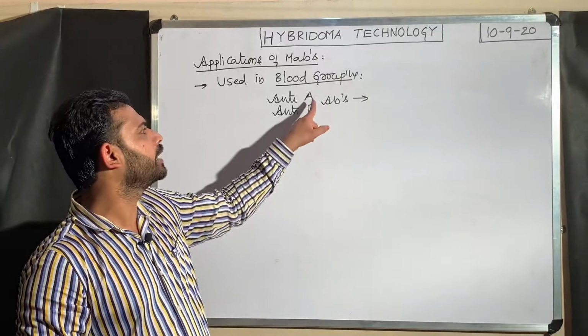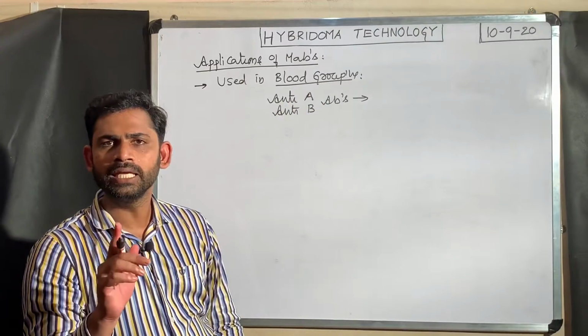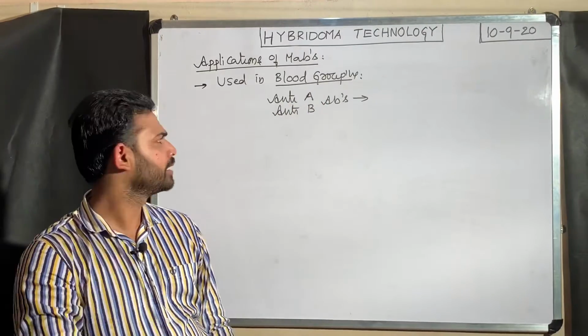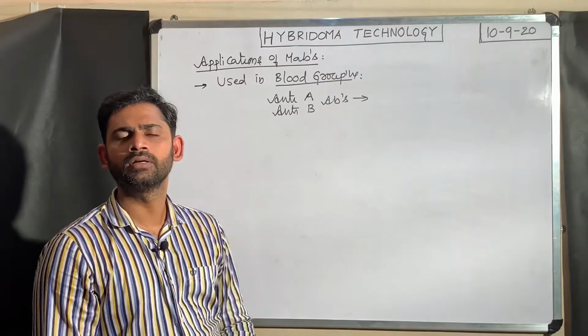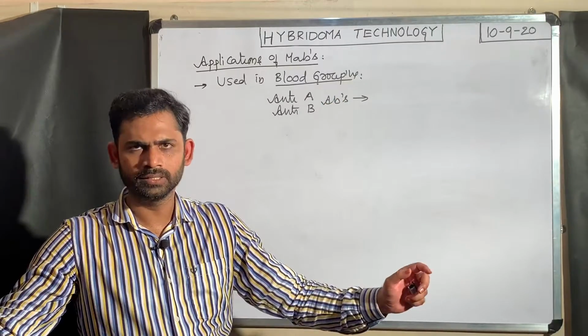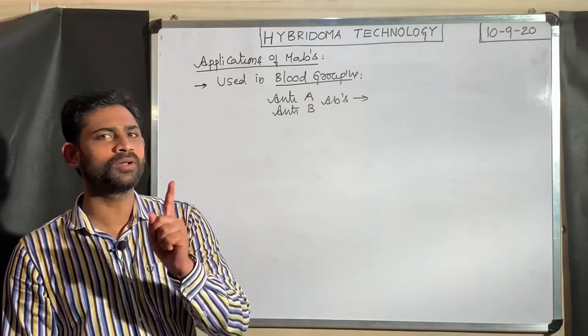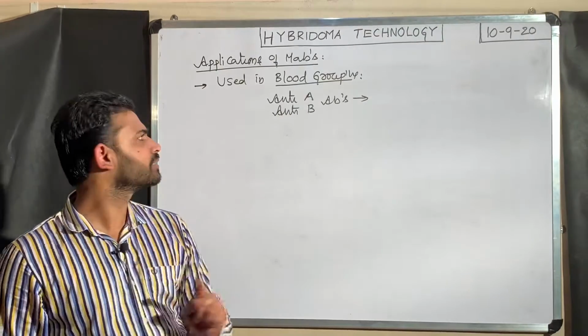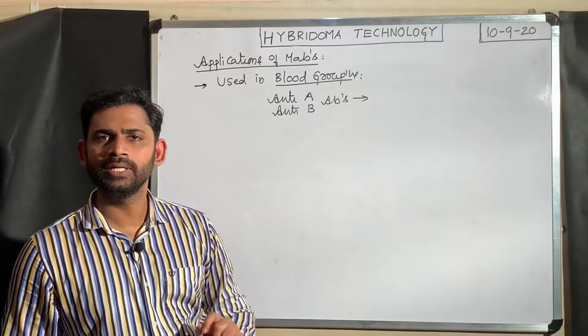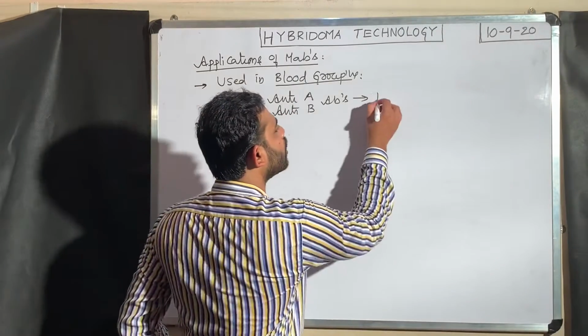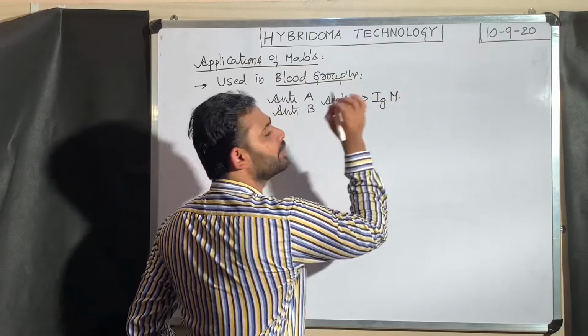That means anti-A antibodies react with only A antigen. Anti-B antibodies react with only B antigen. That means these are monoclonal antibodies, and they belong to class IgM.